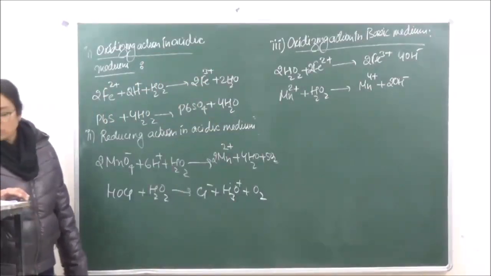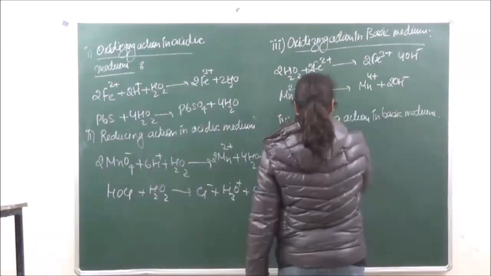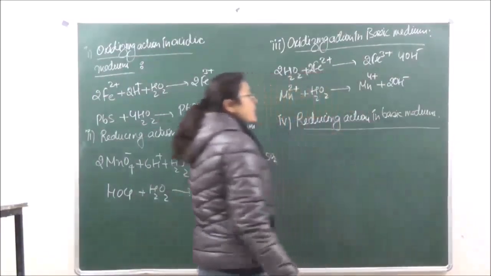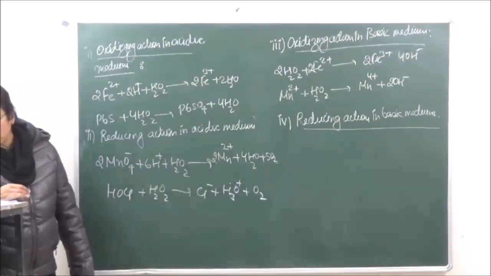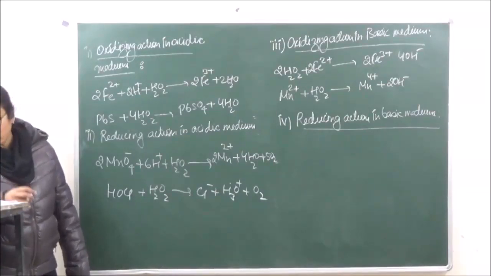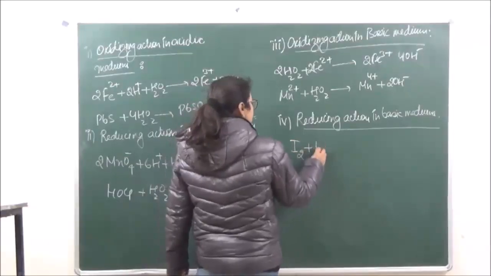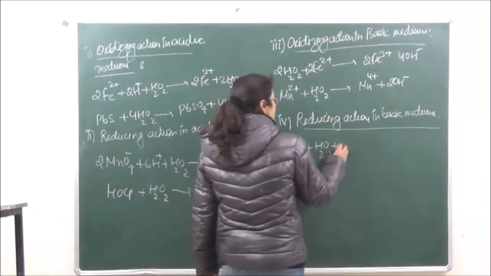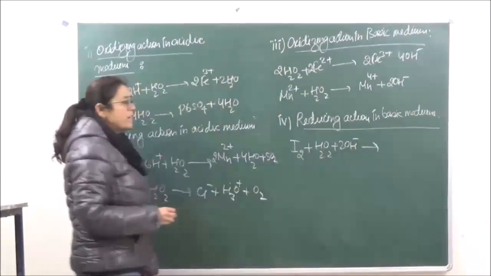Then fourth is reducing action in basic medium. In basic medium, when we are doing the reducing action, iodine is converted to iodide ion. So the reaction is going to be plus 2OH negative.